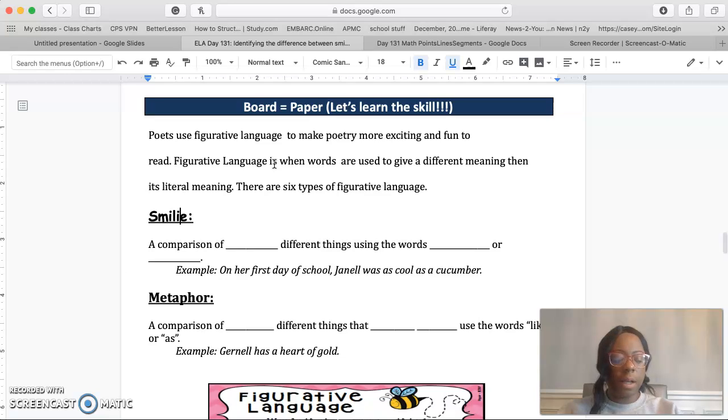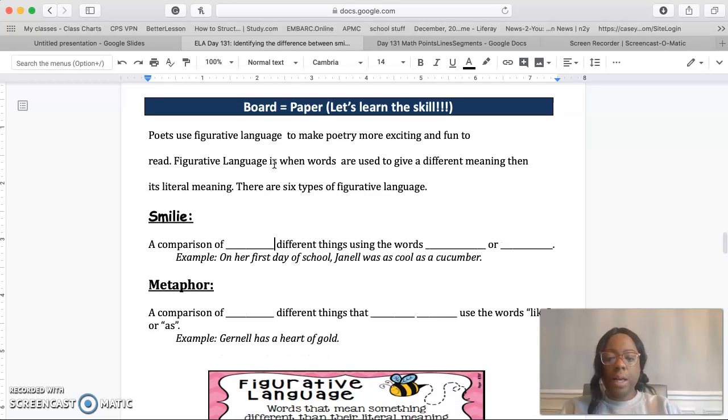Our first figurative language device that we're going to use is called simile. The definition for simile is a comparison of 2 different things using the words like or as. Now, our example says, on her first day of school, Janelle was as cool as a cucumber.